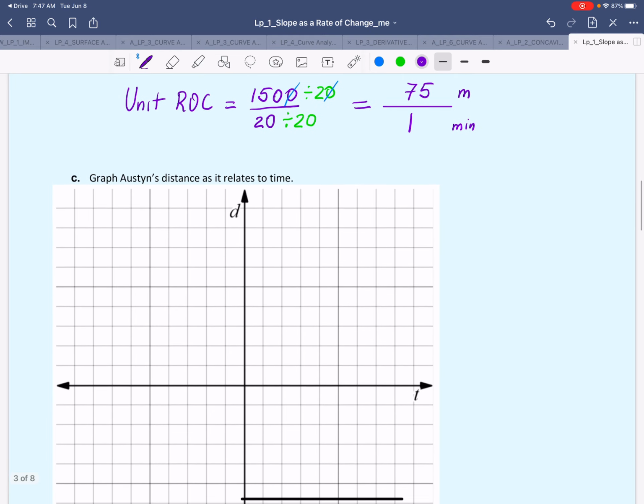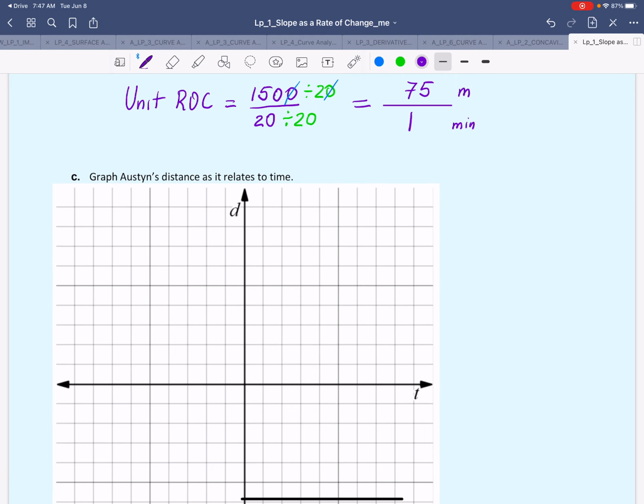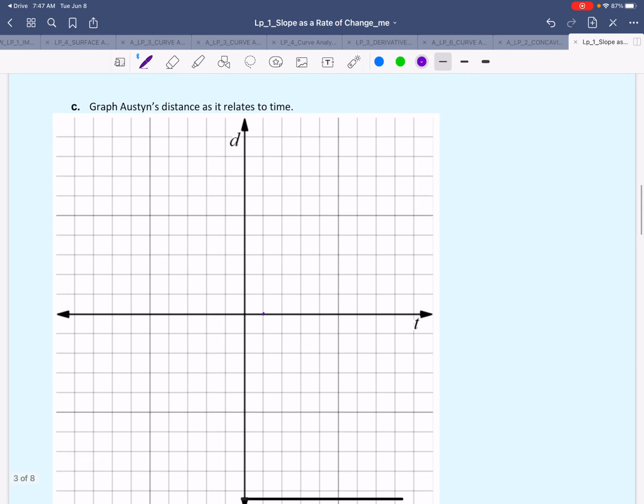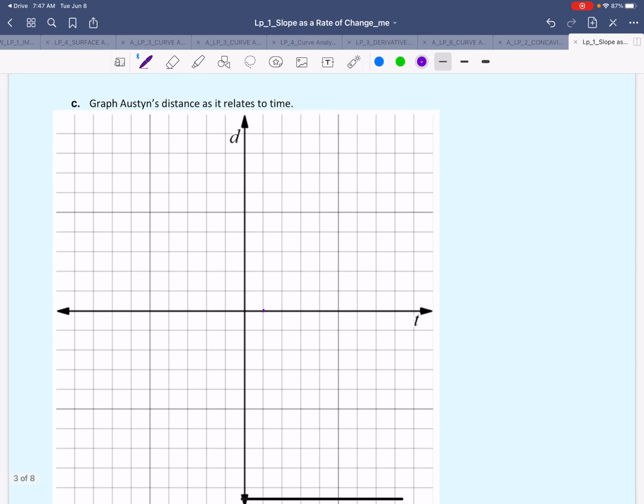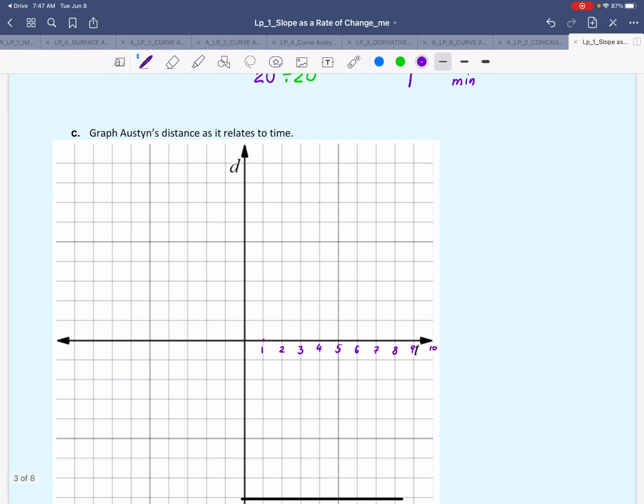So if we want to graph Austin's distance over time, here we have distance always on the y values, the dependent variable, over time. We don't have to go all the way to 20 minutes. So we can go 1, 2, 3, 4, 5, 6, 7, 8, 9, and that's 10. And every minute is 75 meters.